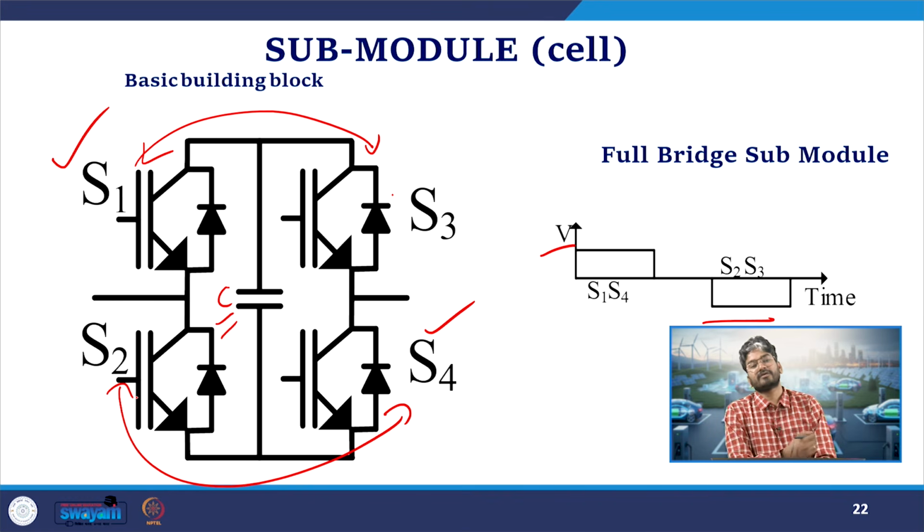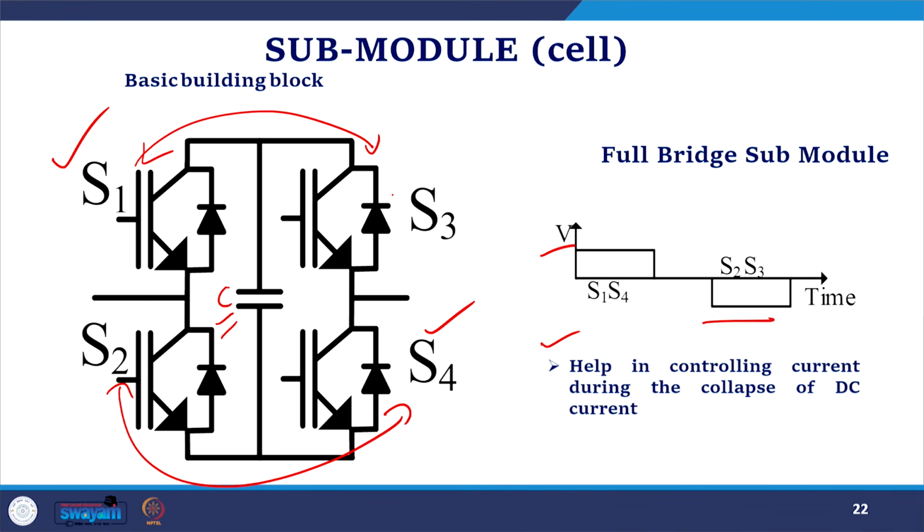So by using one full bridge submodule, I can generate three voltage levels, whereas by using a half bridge submodule, I can generate a positive voltage and 0 voltage. Positive and 0 are possible with the half bridge, and positive, negative and 0 are possible with the full bridge. This negative voltage will be very useful when we go for DC fault operations.